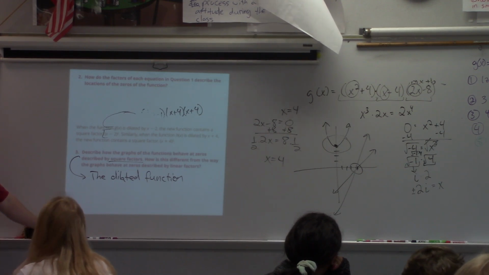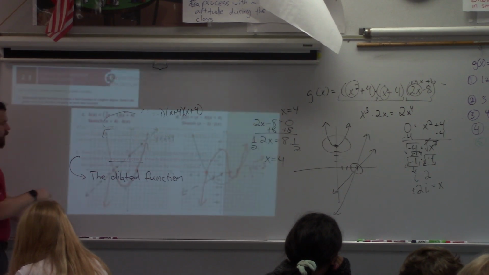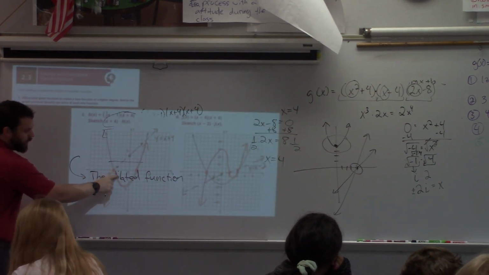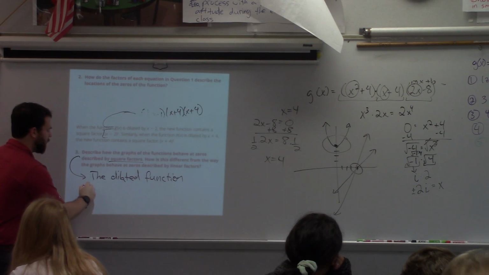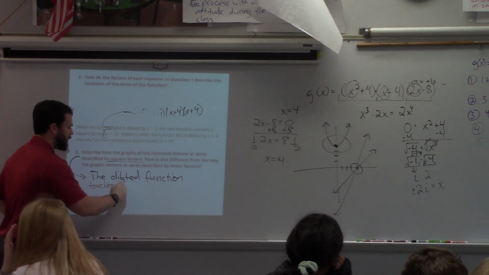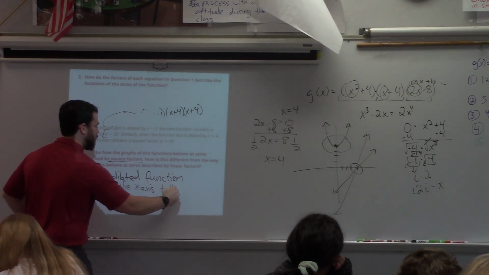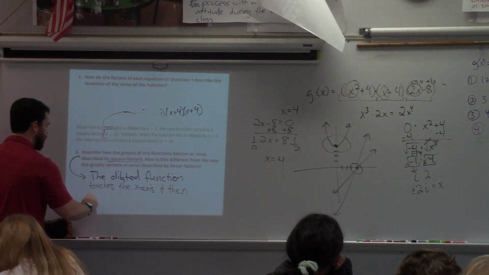It's touching and then bouncing away. We need to notice when it's a double root like that, it's going to touch and then bounce away. The dilated function touches the x-axis and then bounces away.